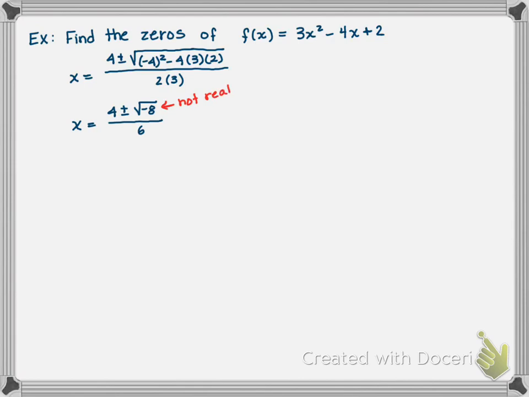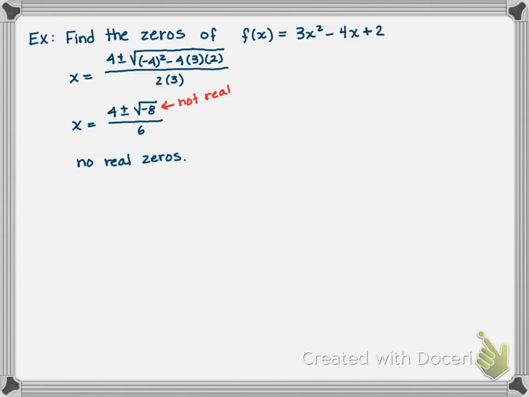So the definition of an imaginary number is that it contains the square root of a negative. And because we're only concerned with real solutions in this class, we're just going to say no real solution, or no real zeros. The reason we care only about real solutions is that our main focus in this class is the relationship between symbolic representations and graphical representations of functions.